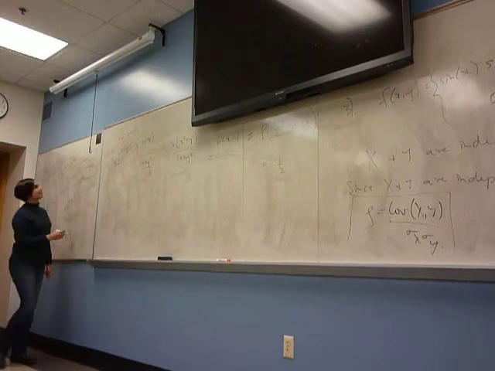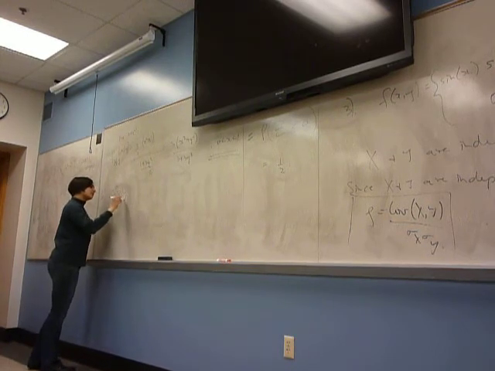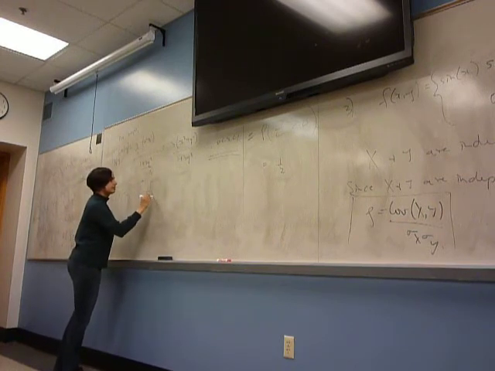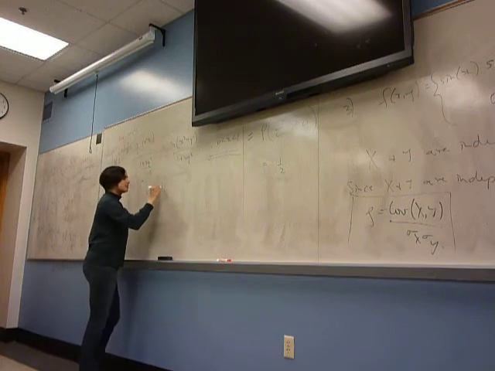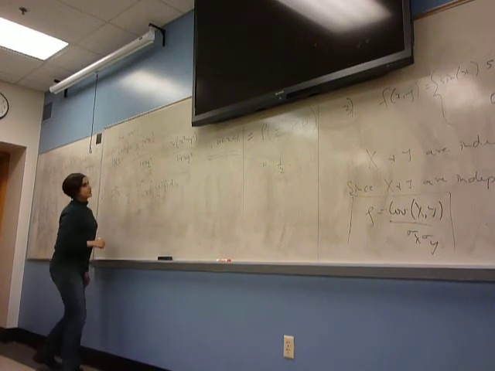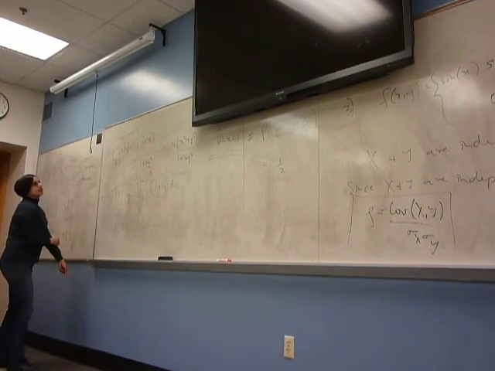And now find the expectation. So let's first find this. It's just the integral of x times the density. So that's the formula. Let's integrate.